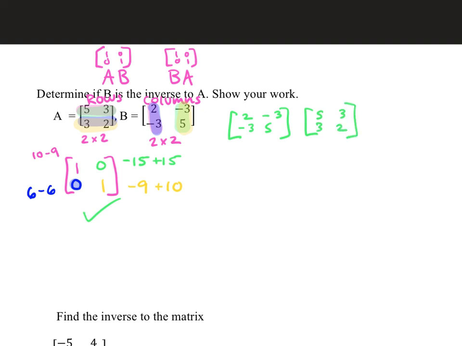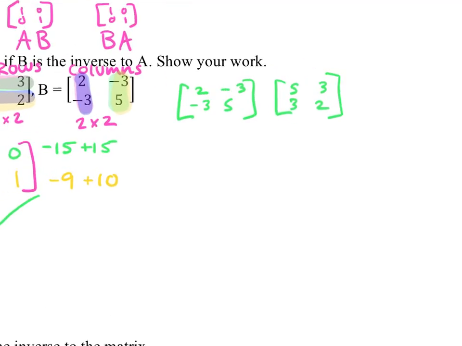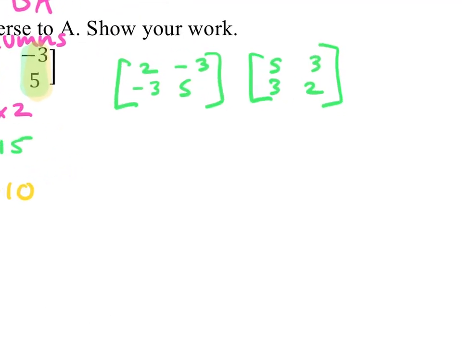All right, to multiply these, in our first matrix, do we move in rows or columns? The first one we move in rows, the second one we move in columns.